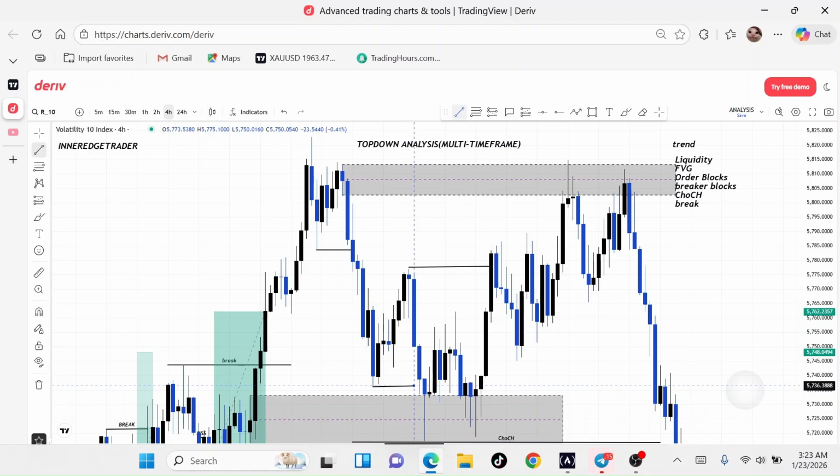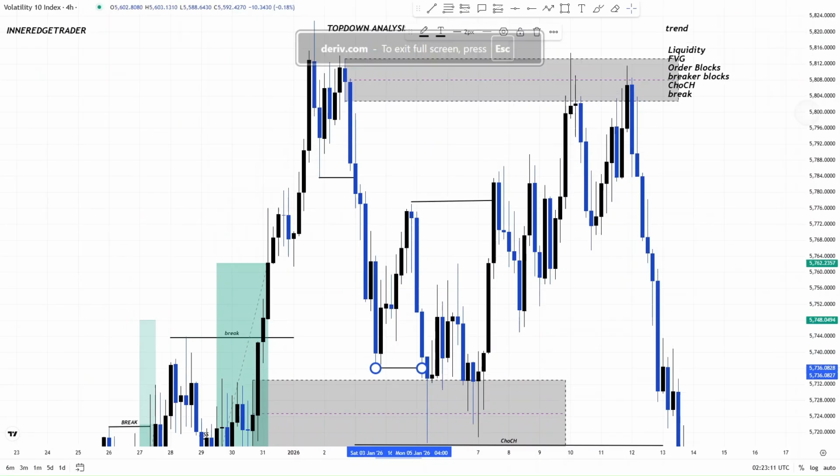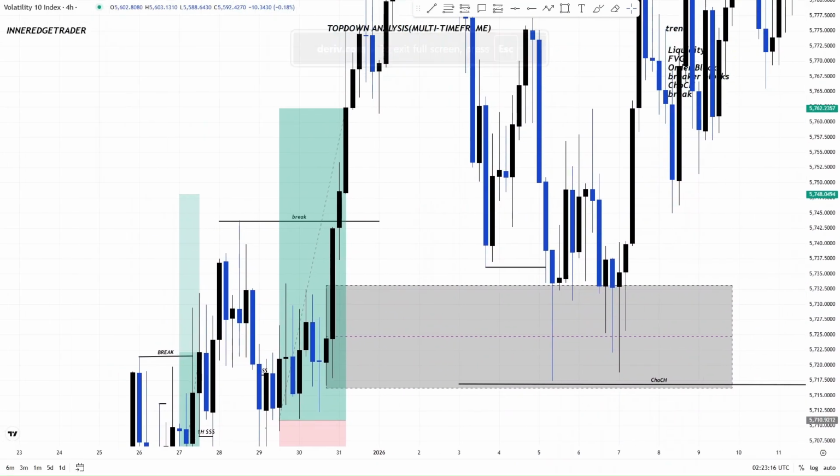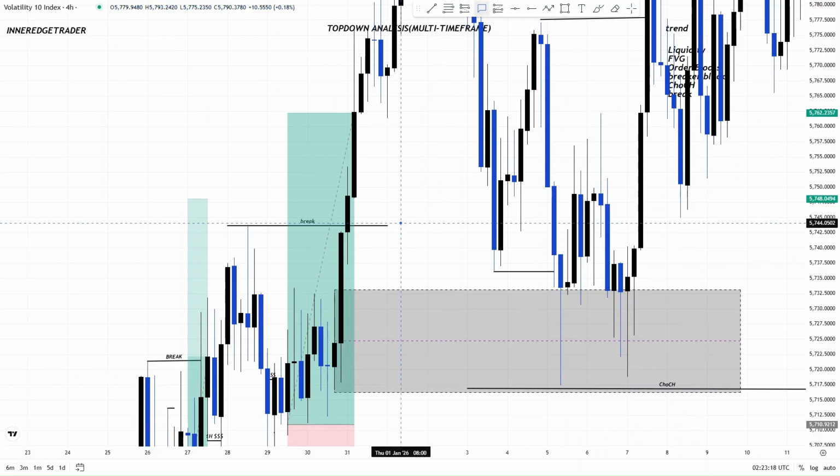And the point of interest is this order block with a fair value gap.